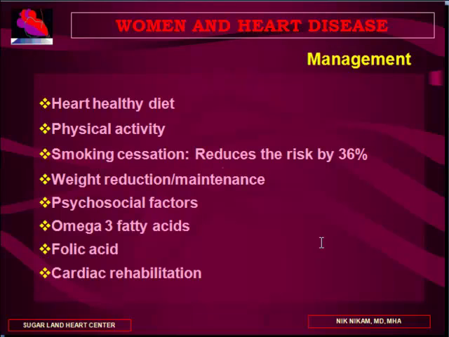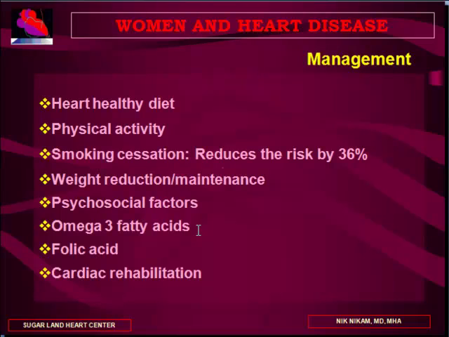A heart-healthy diet is a must in terms of reducing the risk for heart disease. Increasing physical activity, smoking cessation. By reducing smoking, you can almost reduce the risk of heart disease by 36%. Weight reduction will enormously help in reducing your blood pressure, in reducing your need of medicines for diabetes, and also reduces the wear and tear on your joints.